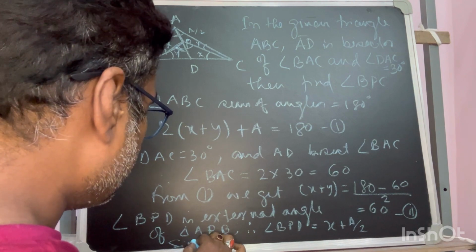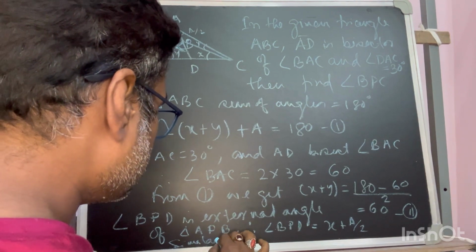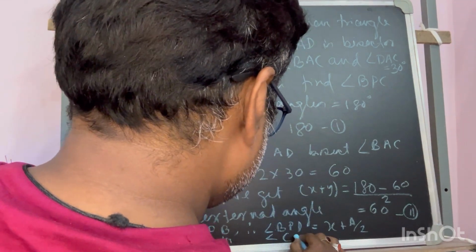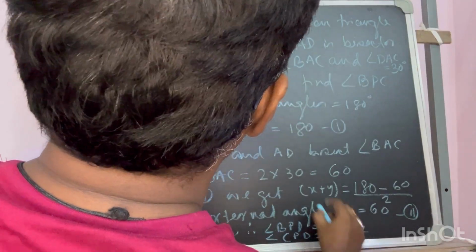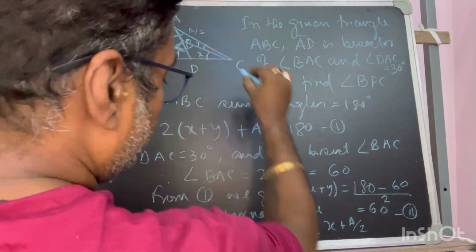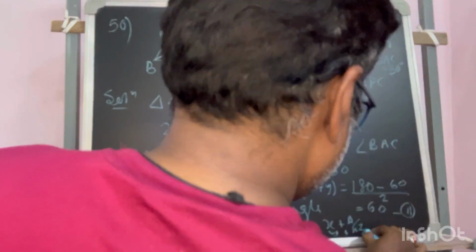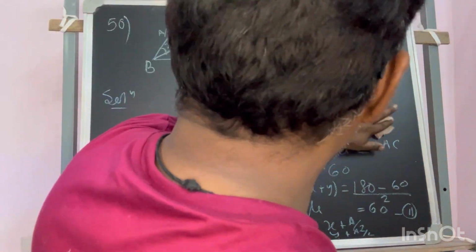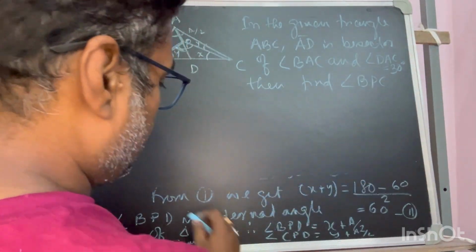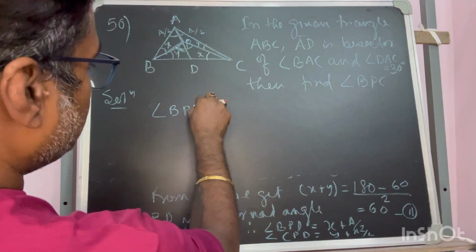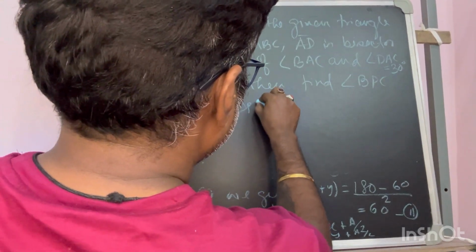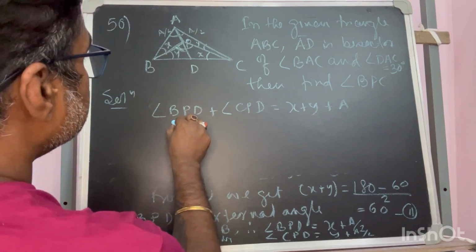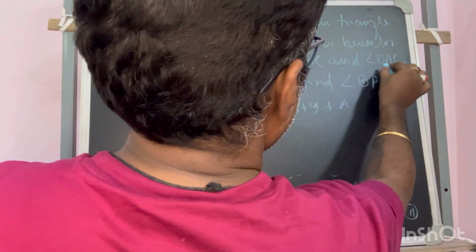Similarly, angle DPC, or CPD, the other side of the angle, is equal to A by 2 plus Y. Now if I club these two angles together, if I add angle BPD plus angle CPD, it is equal to X plus Y plus A, which is your BPC, the angle it is needed to calculate.